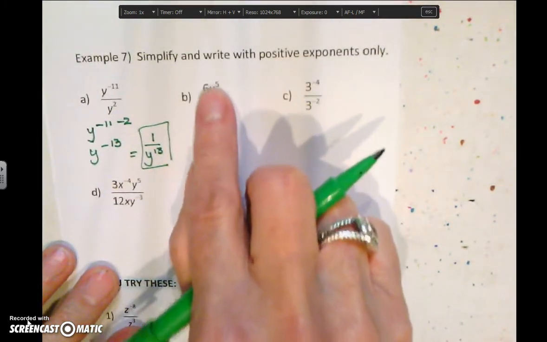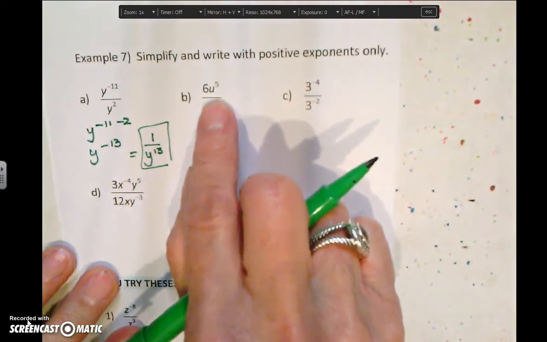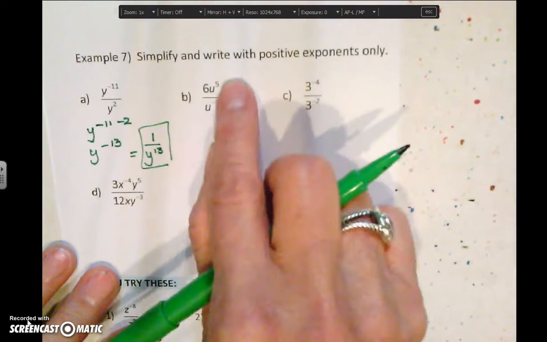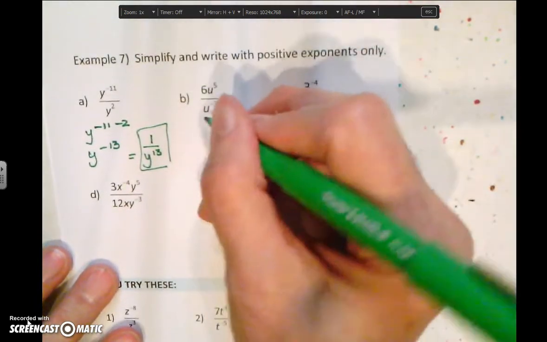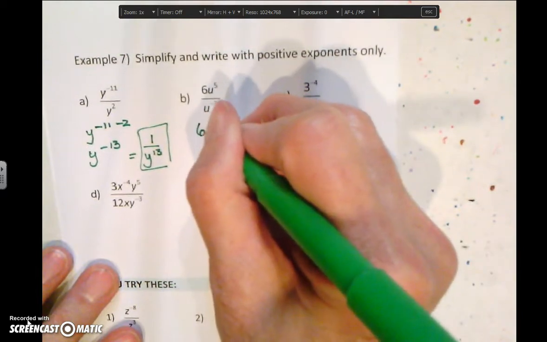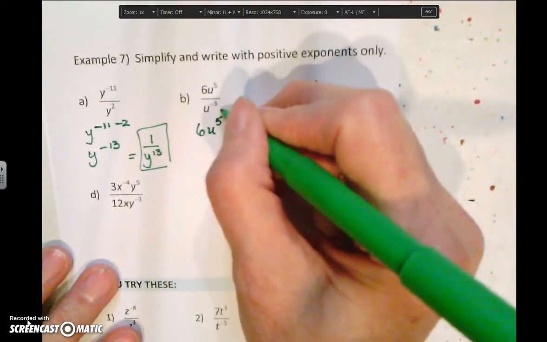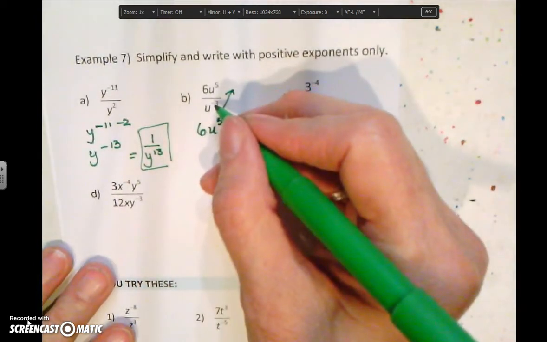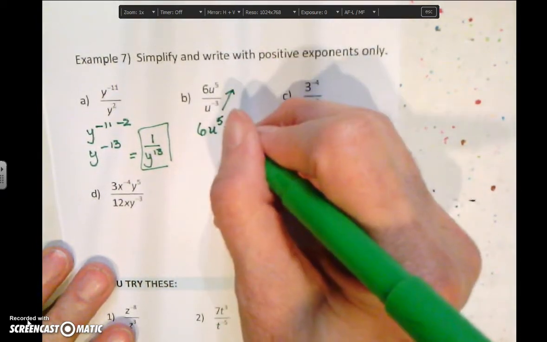Let me show you another way of doing this. Another thing that you can do is always move it across and take it up. So this is going to be 6 u to the 5th. And when this goes up here, it's going to change from a negative exponent to a positive exponent.